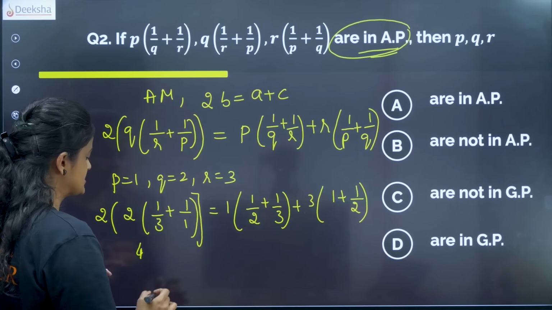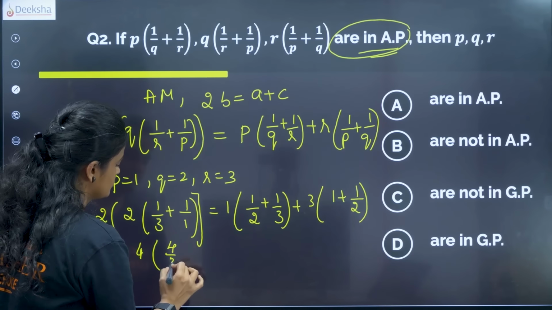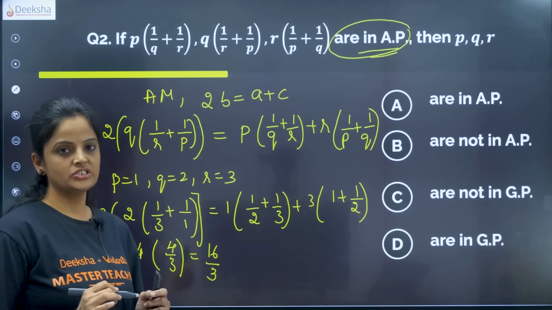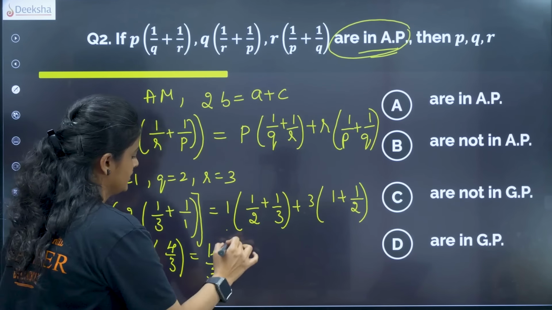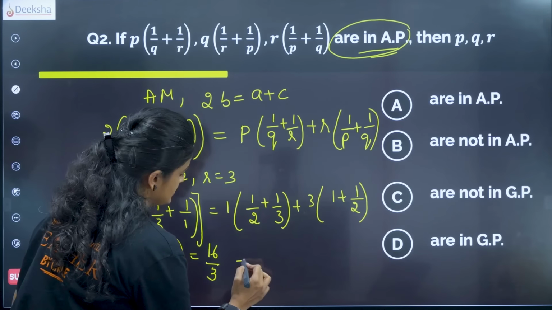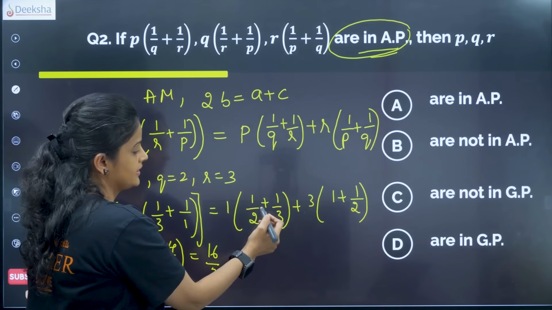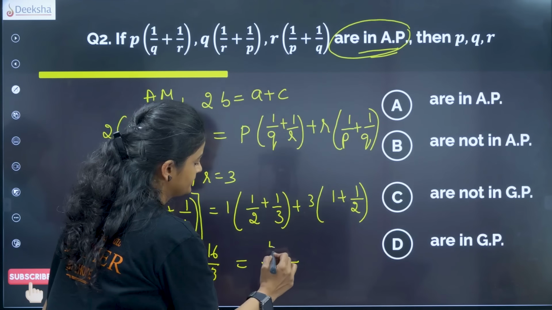See whether LHS and RHS are the same. 3 plus 1, 4 by 3. So this side I have 16 by 3. This is my LHS. Okay, let's see the RHS. This is equal to RHS. If I solve this part, here 6 is the LCM. Here we have 5.